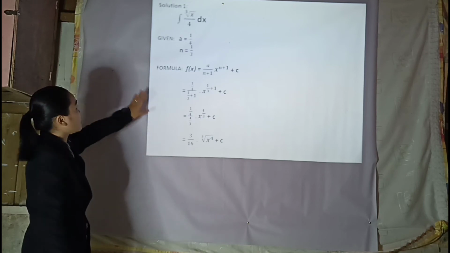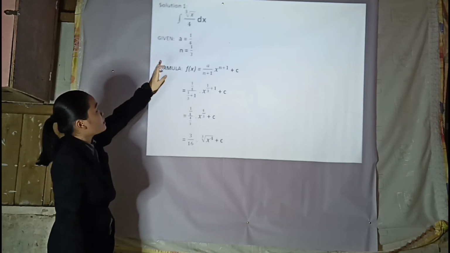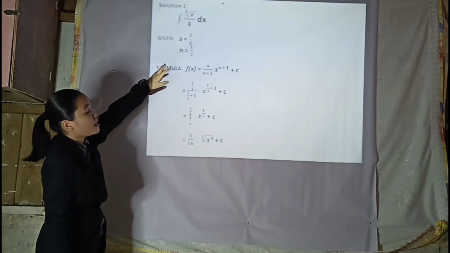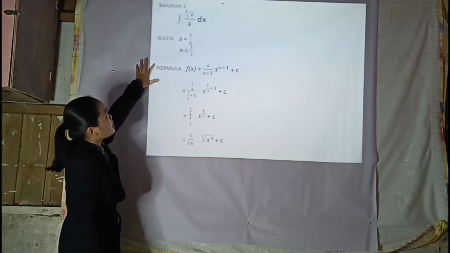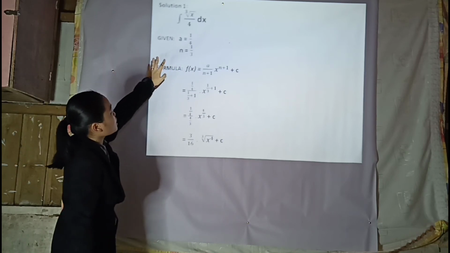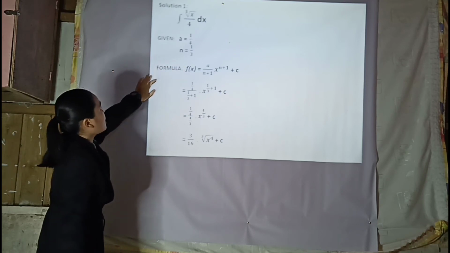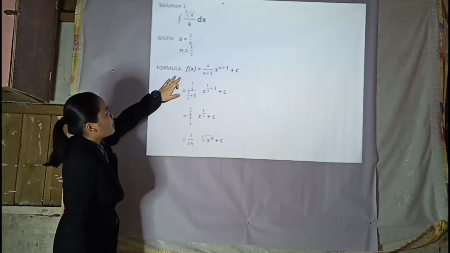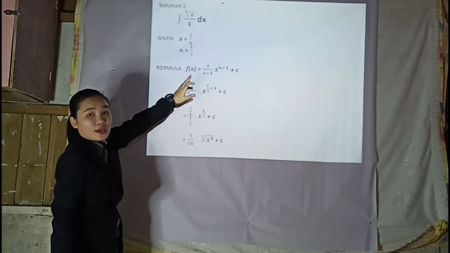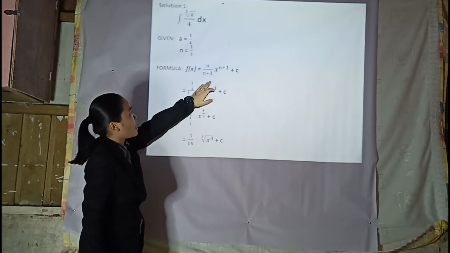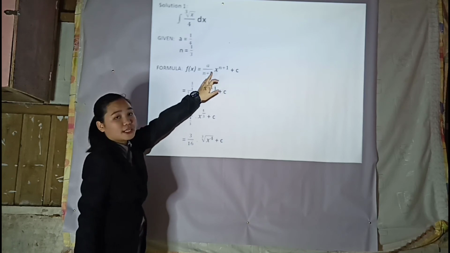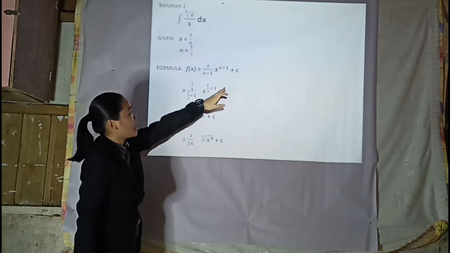So, the solution for number 1. The integral of cube root of x over 4 dx. Our given here, our a is 1/4 and our n here is 1/3. The formula is f of x is equal to a over n plus 1 times x raised to the power of n plus 1 plus c.